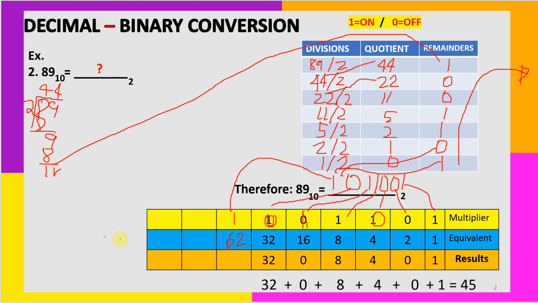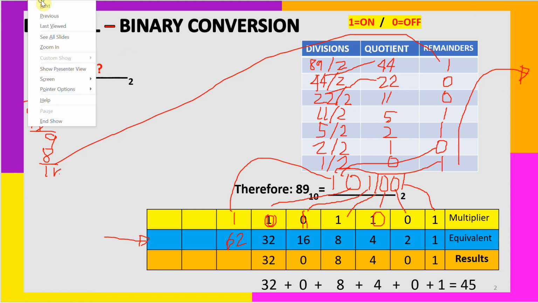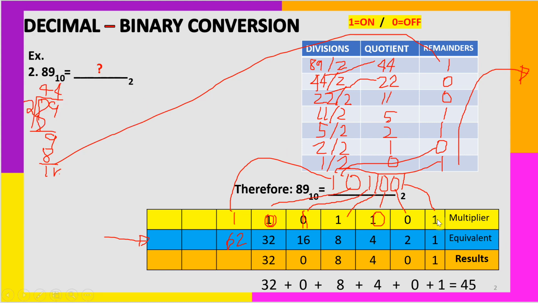these numbers here are powers of 2, or times 2 the number. This time we will multiply. 1 times 1 is 1.